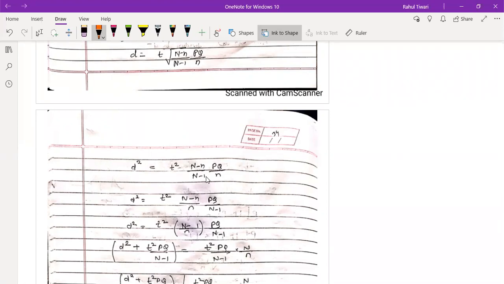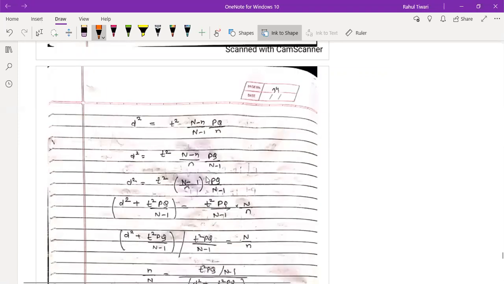Squaring both the sides, adjusting some terms here and there, like in the previous derivations. So d square is equal to t square into this, and you can see here also we have n, here also we have n, similar to the previous derivations. You have to make adjustments, right?